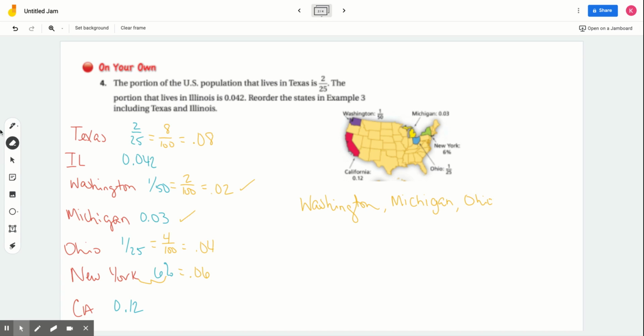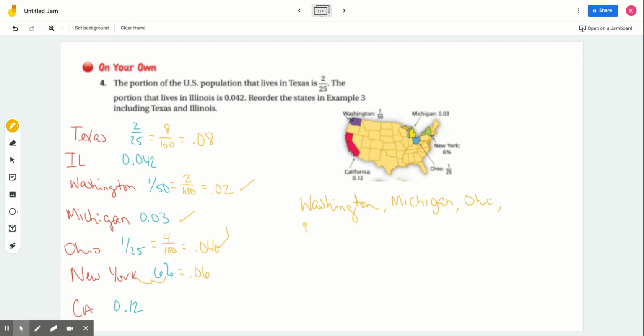After 0.04, I can see that I have 0.08, 0.042, 0.06, and 0.12. So next would be 0.042. So this is like 4 hundredths or 40 thousandths, and this is like 42 thousandths.